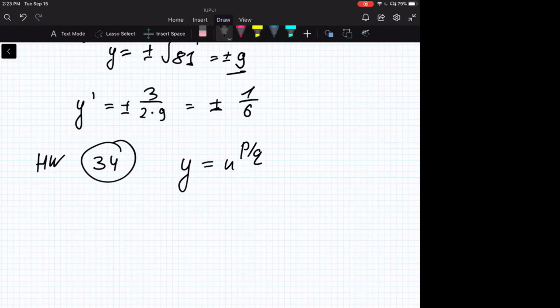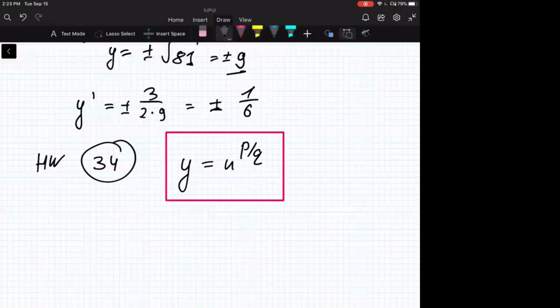And the point is that if you have such an equation, you probably know what the next step is. You can reduce it to our usual case with an integer power by considering the q-th power.